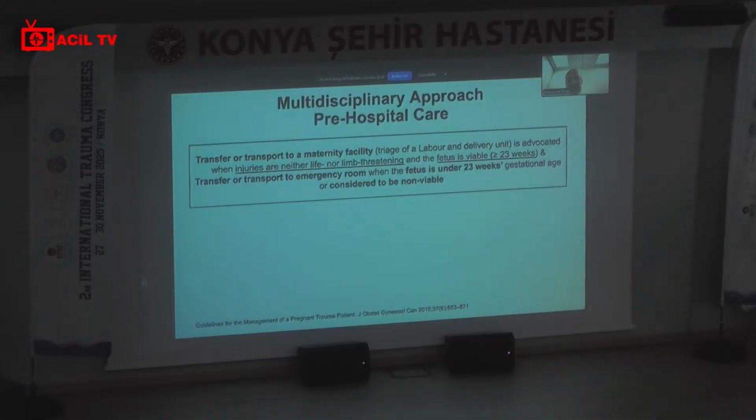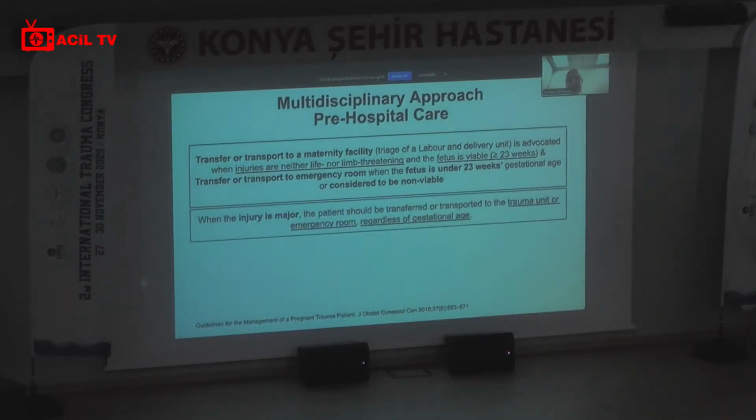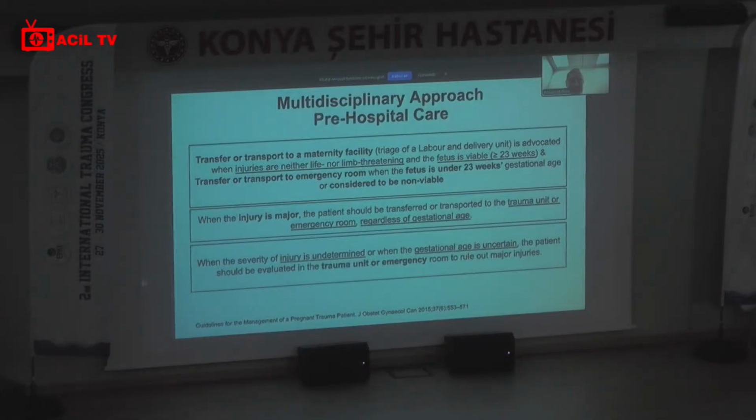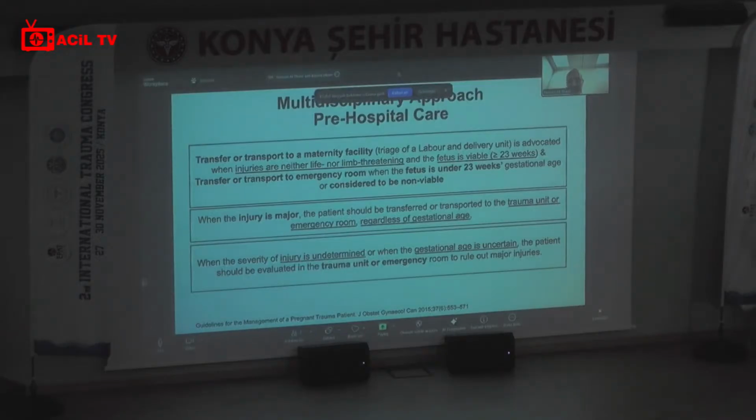If the patient is less than 23 weeks, the chance of survival is minimal, and therefore the patient can be taken to the closest hospital trauma center. Whereas a patient who has a major injury, we need to transfer directly to a trauma unit within Hamad, and that's what we agreed upon. The severity of injury and the gestational age should not stop the transfer of the patient to a direct trauma center.